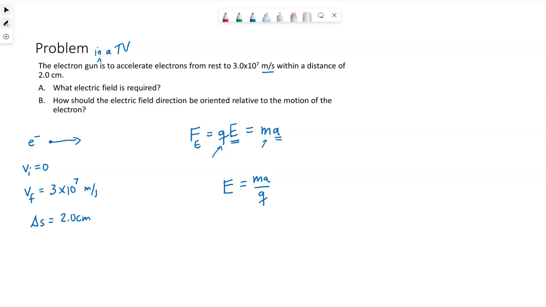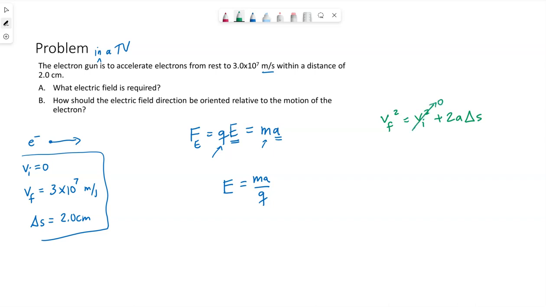Okay. The acceleration is going to come from looking at the motion itself. We have an initial velocity, a final velocity, a change in position. If I look at the kinematic equations that have these variables and acceleration, because that's what I need ultimately, that third one, the final v squared equals the initial v squared plus 2a delta s.